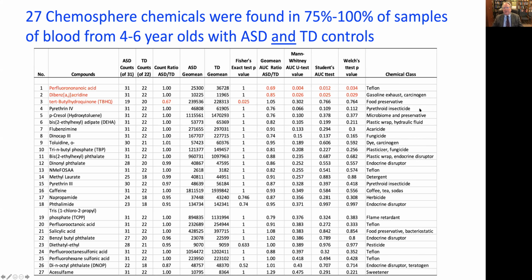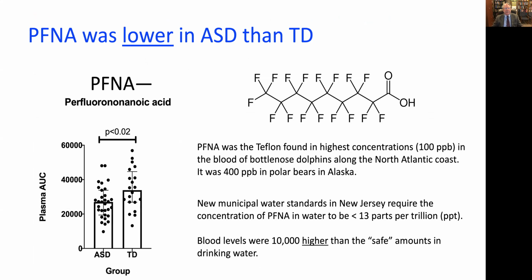In the blood, we can find pyrethroid insecticides, food preservatives, plastic wrap, hydraulic fluid chemicals, fungicides, dyes, plasticizers, many different Teflons, herbicides, endocrine disruptors, some of the phthalates. These are ubiquitous molecules in the environment today. And it's just the tip of the iceberg because we didn't look for everything that we could have.